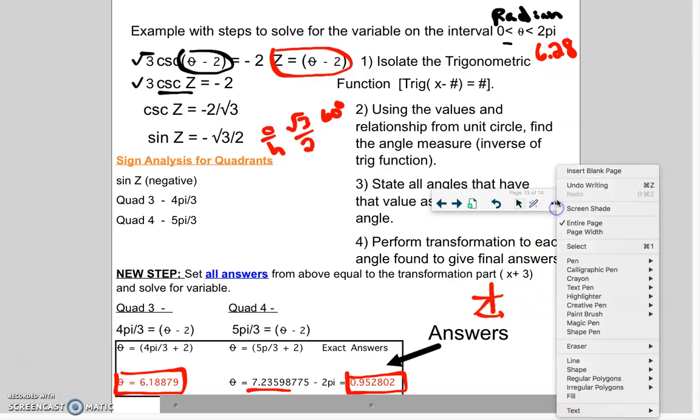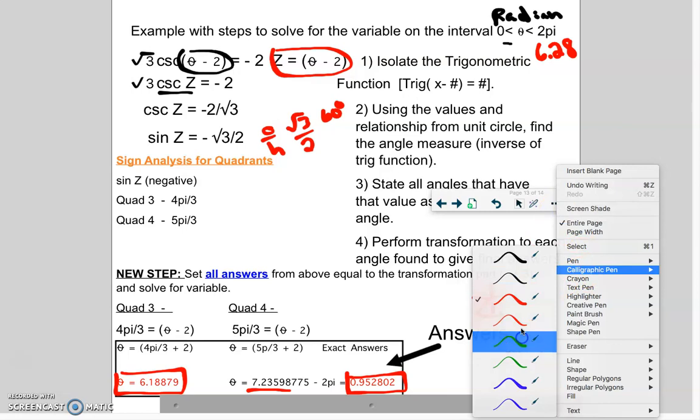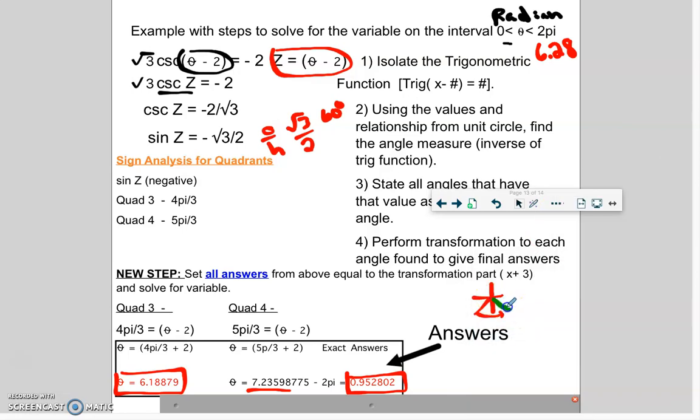And then you look at the second one, which was in quadrant 4, and now you're adding 2 to it. It's gone beyond, and now it's this value. So your final answer ends up being up in quadrant 1, and this final answer ends up being in quadrant 4, but originally it started in quadrant 3 and quadrant 4.